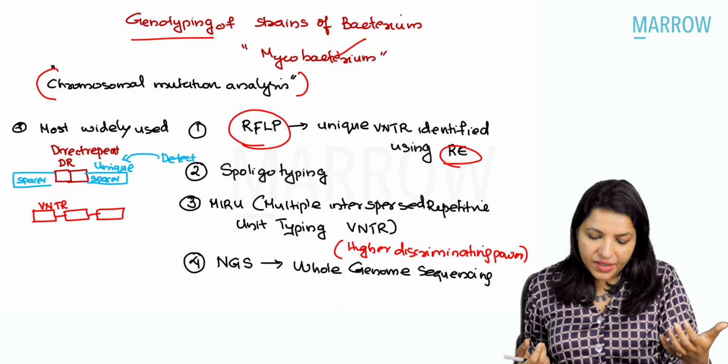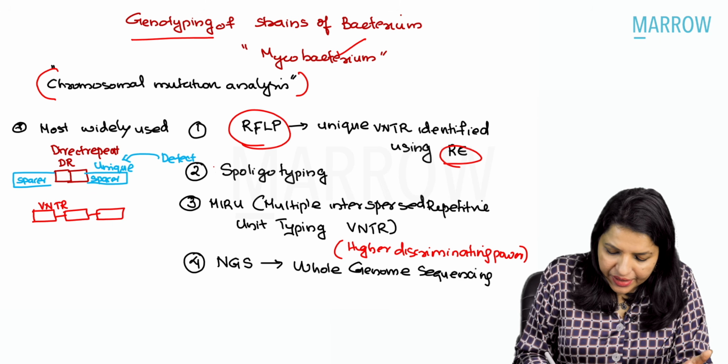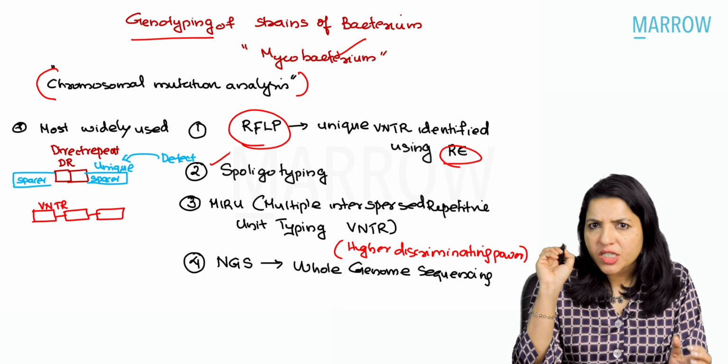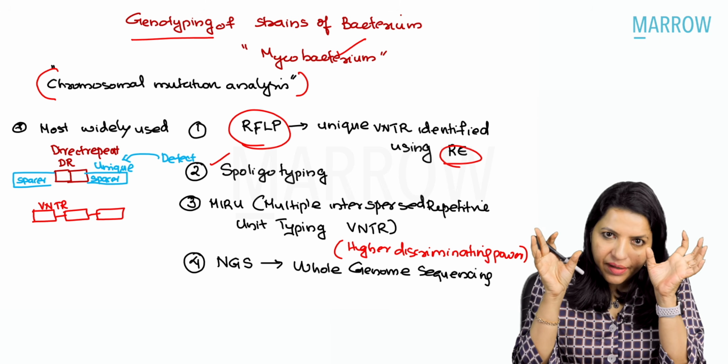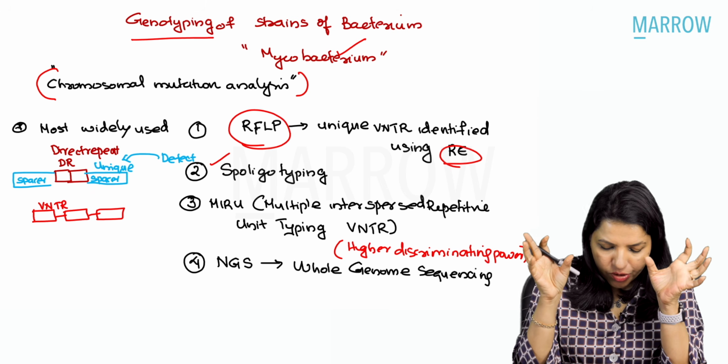Moreover, there are other techniques. Another technique is spoligotyping. For this, we should know something about the DNA of Mycobacterium tuberculosis.